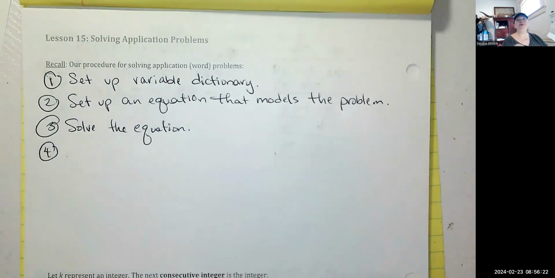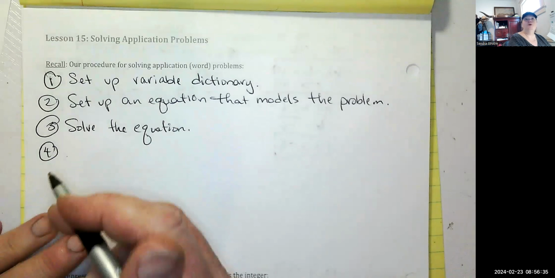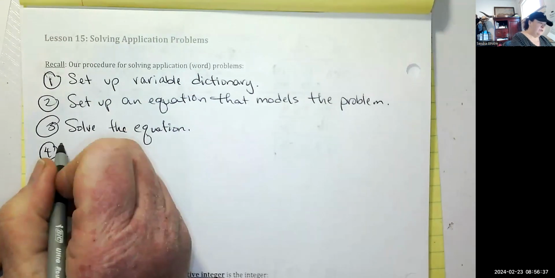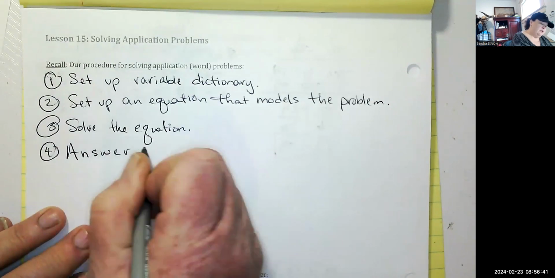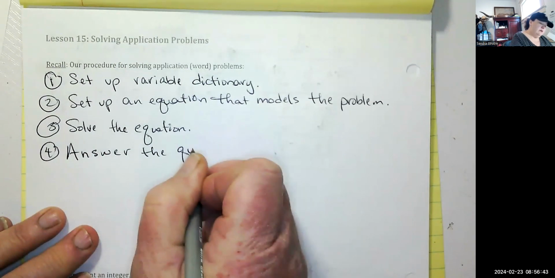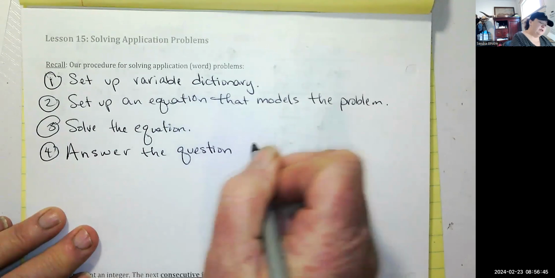This is a big part for me. I'm doing this with this class because I require it now, to get you comfortable answering the questions in this manner, so you're not struggling with it once you get to the next class. When you answer the question, there are things you need to look at.